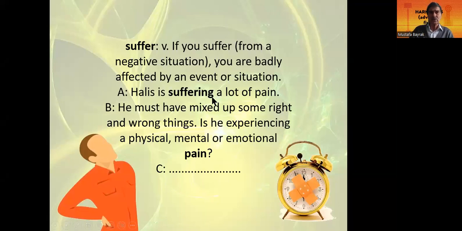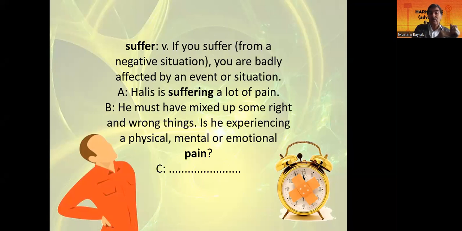Why don't I use suffer here? Halit is suffering a lot of pain. He must have mixed up some right and wrong things. He must have, hypothesizing. Yes, after noun clauses, we will study hypothesizing like this. He must have mixed up some right and wrong things in the past, okay? Is he experiencing physical, mental, or emotional pain?